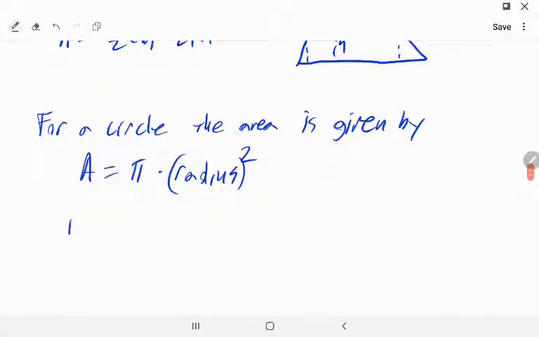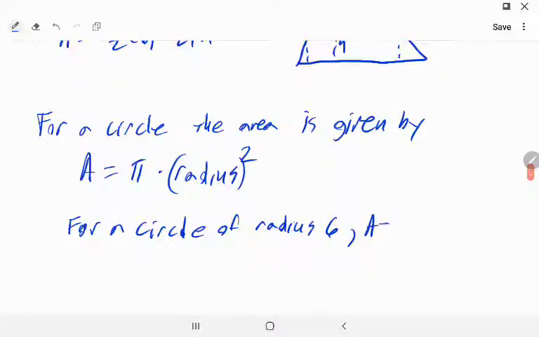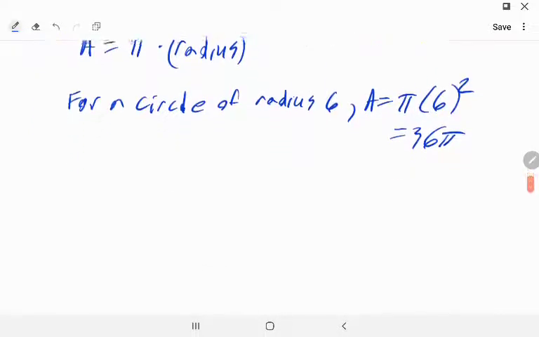And so we notice that for a circle of radius 6, the area is going to be pi times 6 squared, and so we get 36 pi. You'll notice that we'll often write it just as 36 pi, especially if we need an exact number.